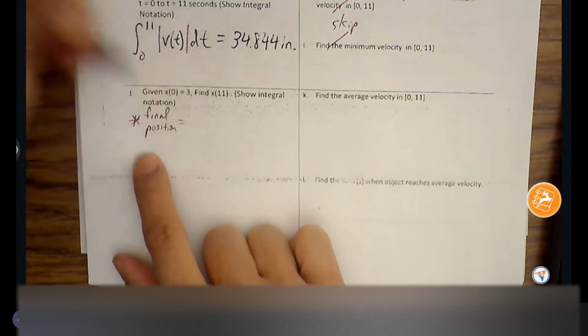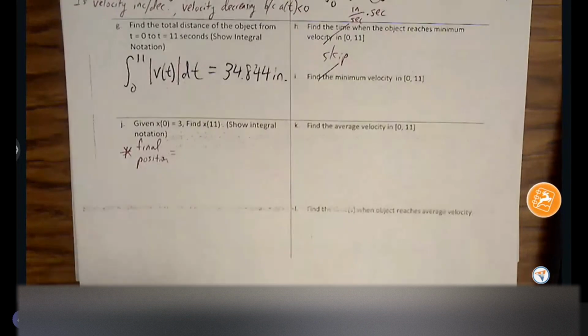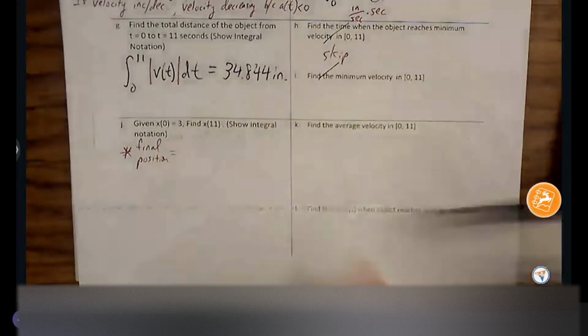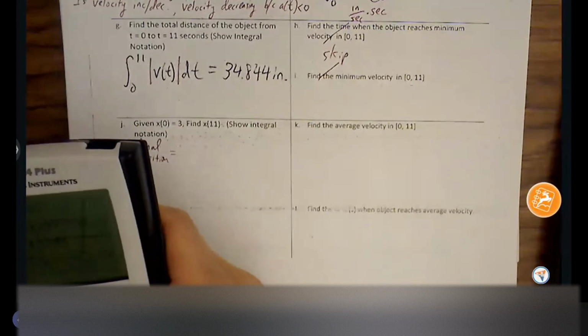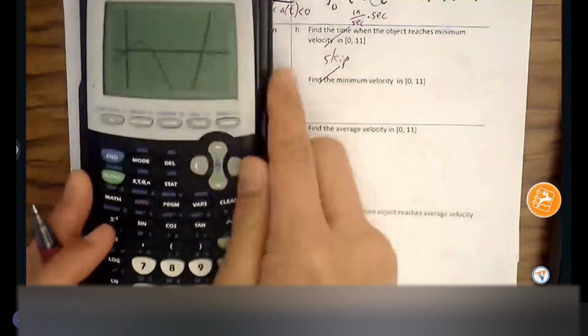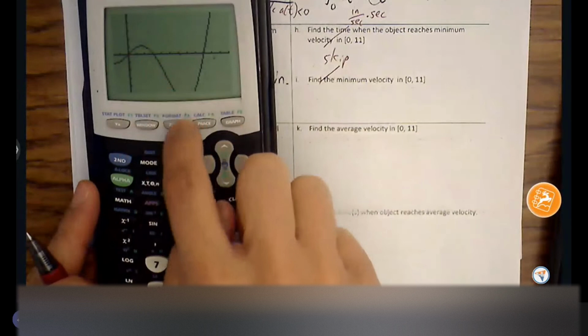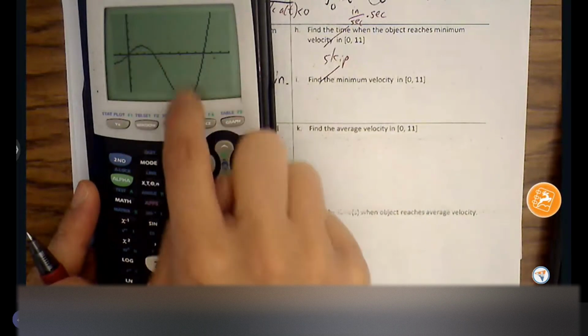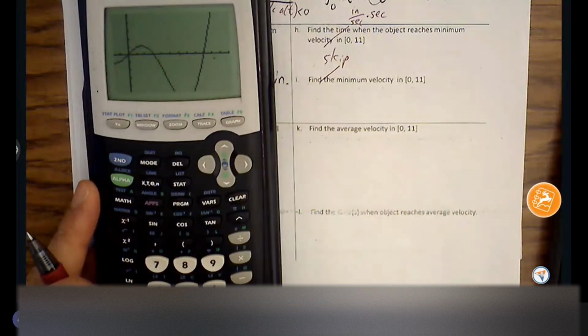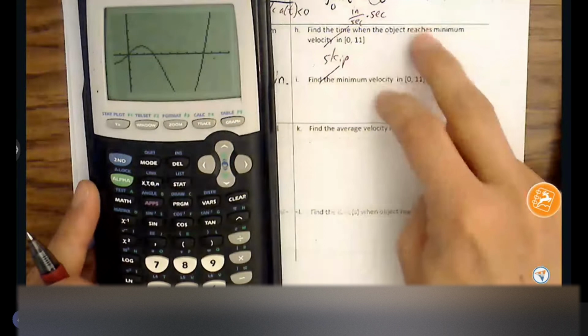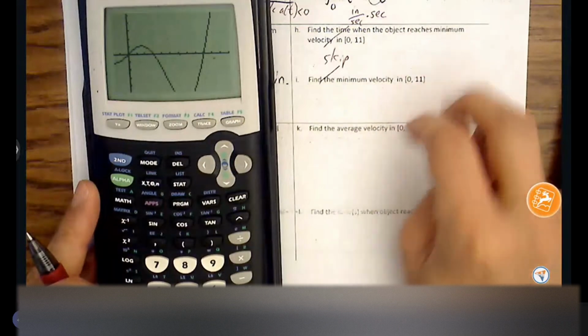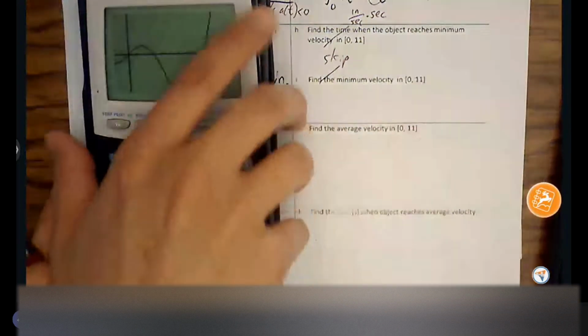Mr. Yang, so are we just not going to do the minimum velocity? Right, we're not. But I just want to give you an idea down the line. If you're looking for minimum velocity, you're just going to look for the valley of the graph. You just have to scroll your way down. We do need to eventually get around to this, but not on this test.